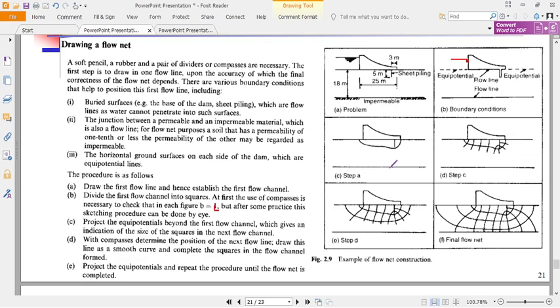We have the one flowing along this, going out, but also another one which should come and bypass this. So we should have another flow line here. After identifying this, I draw a first flow line and hence establish the first flow channel. Now the water will be flowing out like this. Between this flow line and this flow line, we have a flow channel.